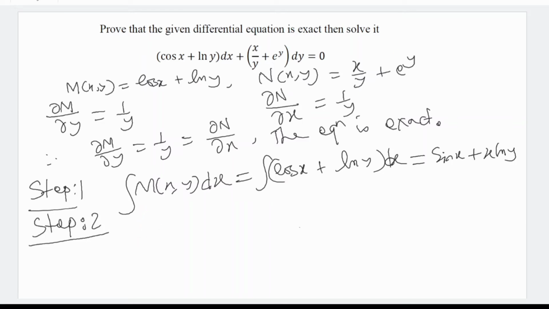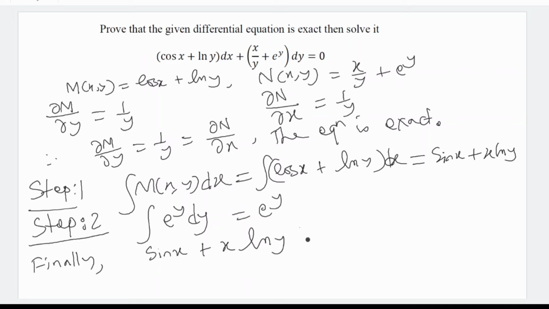The integration of e power y with respect to y is e power y. Finally, our general solution is sin x plus x ln y plus e power y equals an arbitrary constant. So this is our answer.